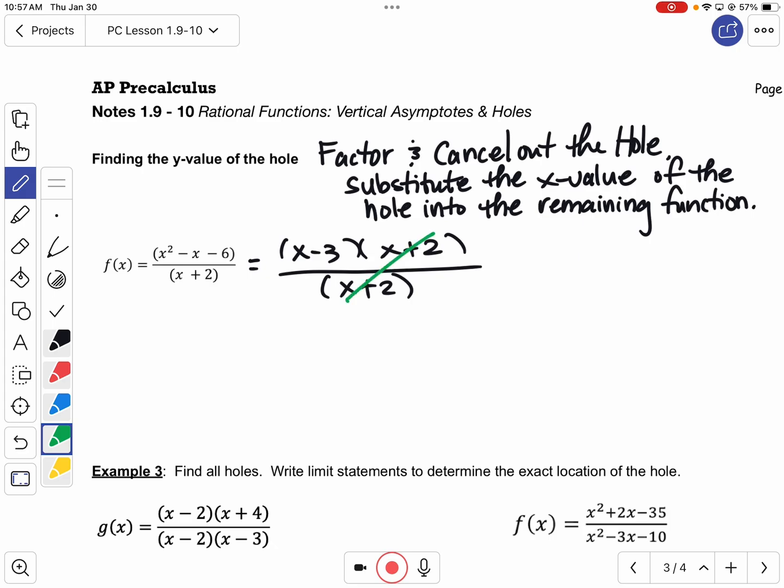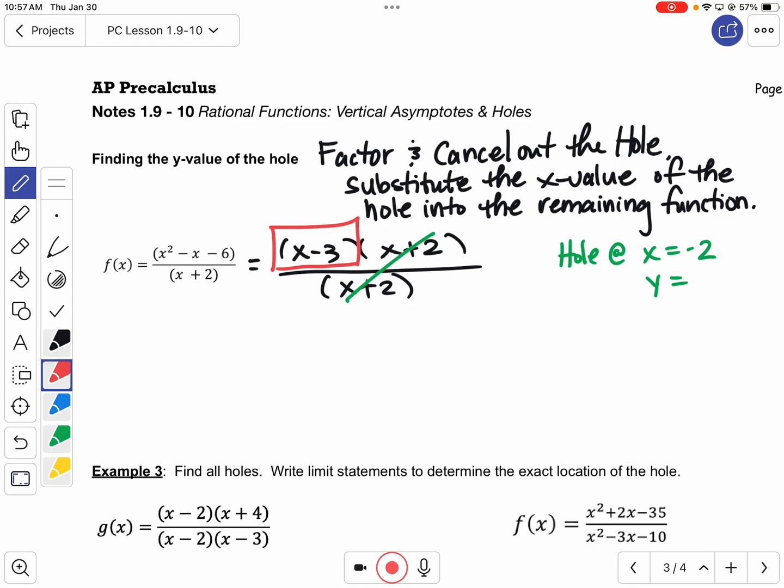And then my y value is going to be found where we plug in the value of the hole. So where is the hole at? The hole is at x equals -2, right? And so to get the y value, we're going to take -2 and plug it into what's left in my function.